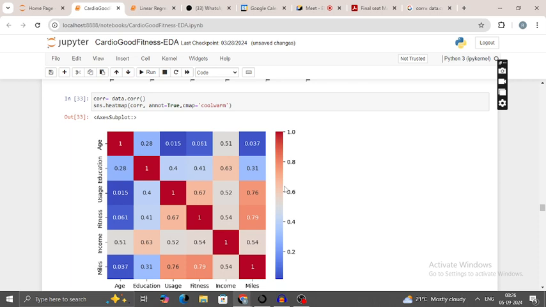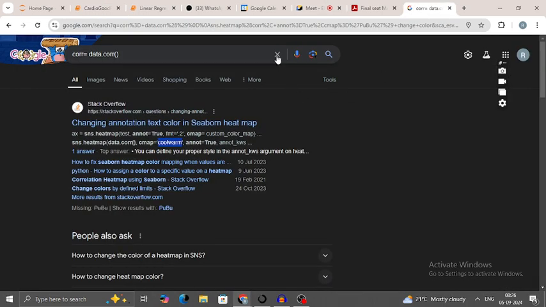So what is a correlation? How is correlation calculated? What is Spearman correlation? What is Manhattan distance? So different types of correlations are there, and I will show you.